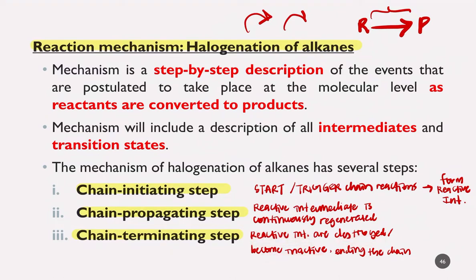For example, you have your very reactive free radicals, and you react them together to form a neutral molecule. You get a chlorine molecule back. From there you will stop having your reactive intermediate. Then you will stop the chain reaction and end the chain.